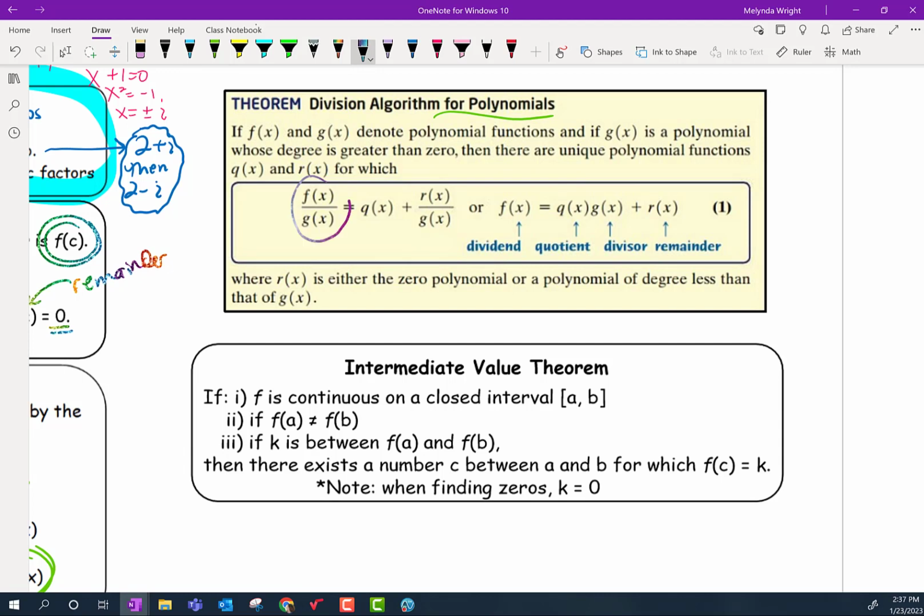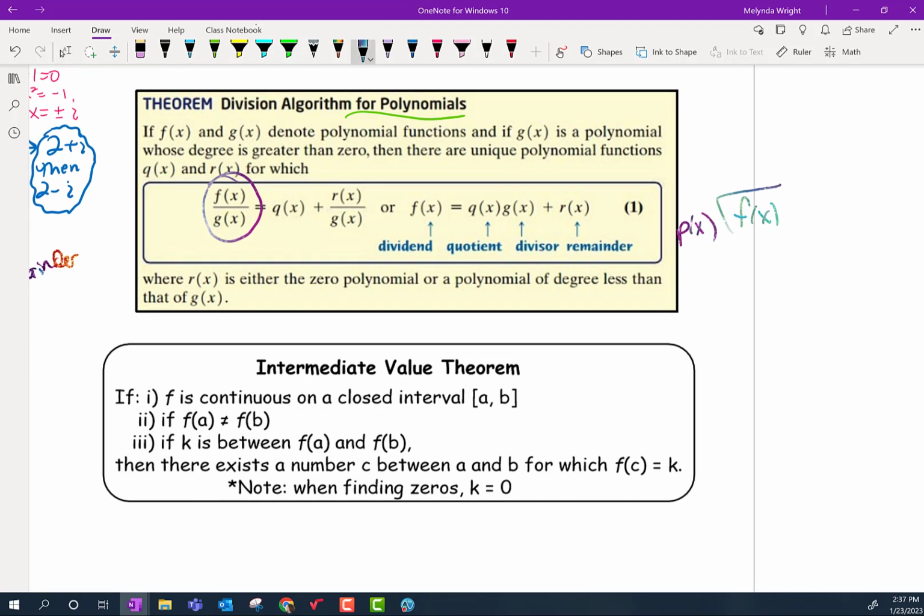So if we do f of x divided by p of x, these, again, are just vocabulary words. f of x is called the dividend, and p of x is called the divisor, and then r of x is our remainder.